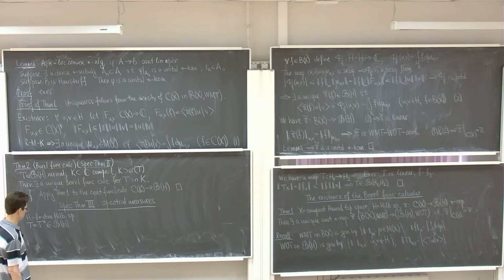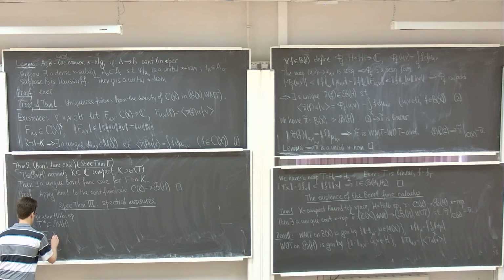And let's observe now that the fact that this operator is diagonalizable can be written in the following form. T is the following sum. The sum is taken over the spectrum. So the sum is finite because the spectrum is finite.